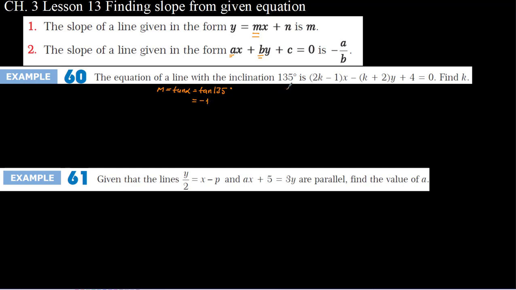And in the second way, in ax + by + c = 0, m is equal to minus a over b, which in this question is equal to minus (2k - 1) divided by (-k + 2), with this in parentheses.